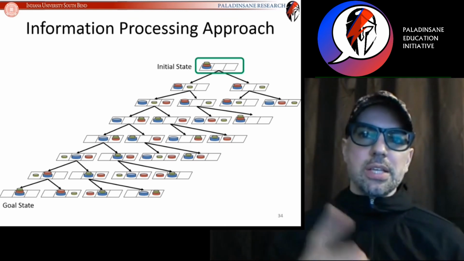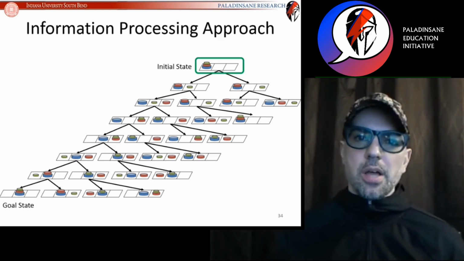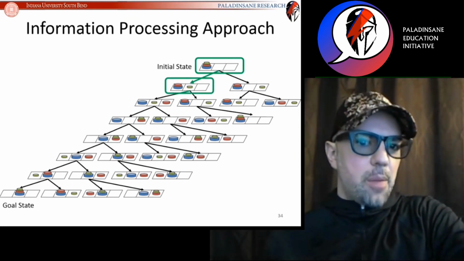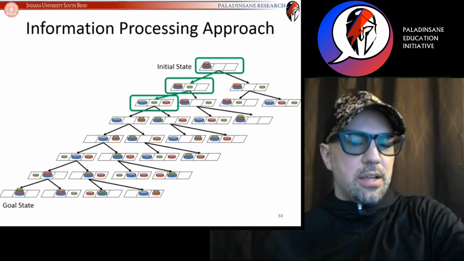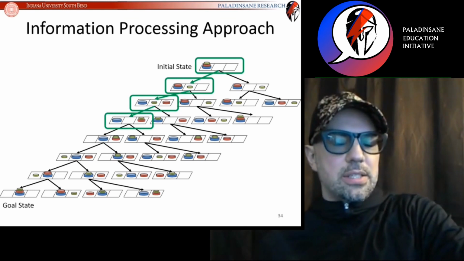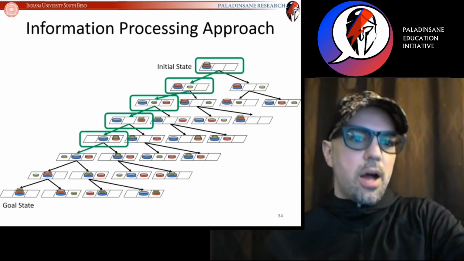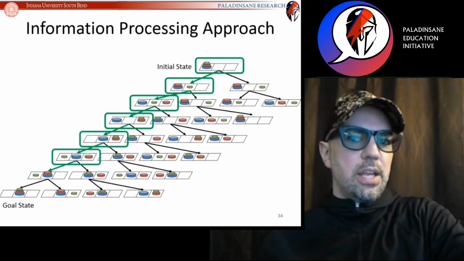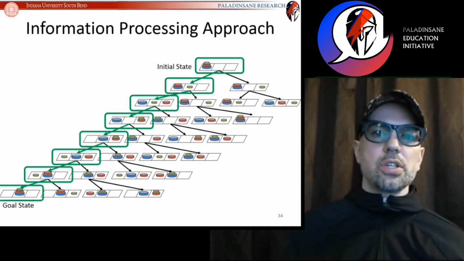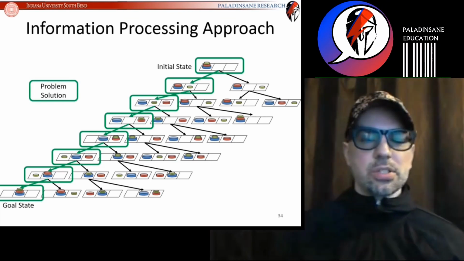So in this case, we could see that a successful solution to the Tower of Hanoi problem would involve this operator right there, leading you to that intermediate state, where you would apply that operator, which would take you to that intermediate state, and then you would apply that operator, that arrow, that gives you to that intermediate state, followed by that operator, taking you to that intermediate state, and so on, applying operators, moving to intermediate states, until you finally get to your desired goal state, and your solution to this problem is defined as the navigation from that initial state to the goal state.